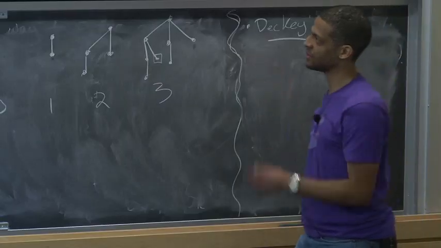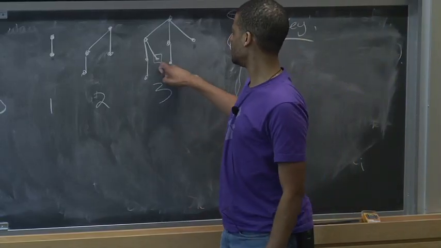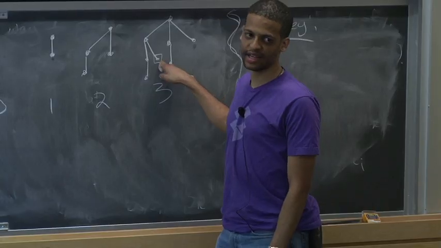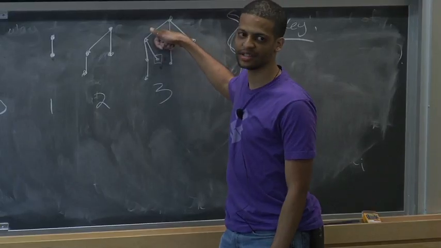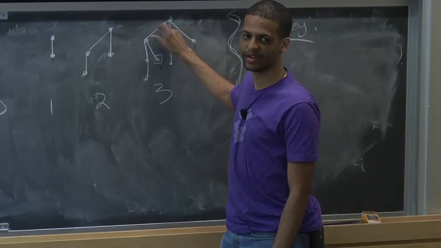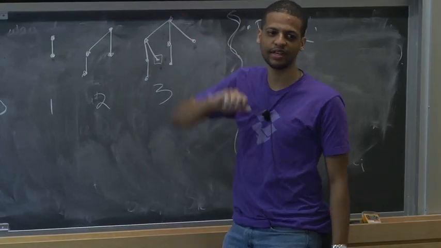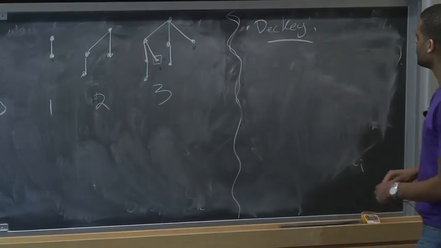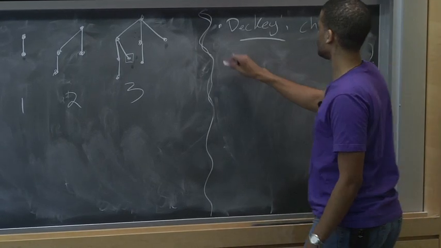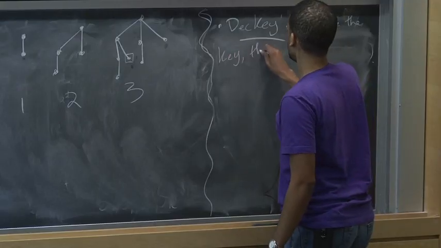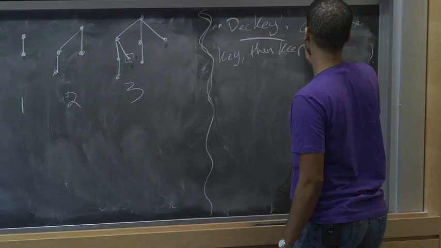We do the usual thing with binary heaps. We change its key, and now it might violate the heap order property. It might be smaller than its parent. If so, we swap it with its parent. If it's still smaller than its parent, we swap it again, and we swap it up the tree until it's in the right place. So change the key, then keep swapping upward.